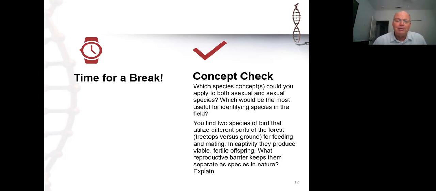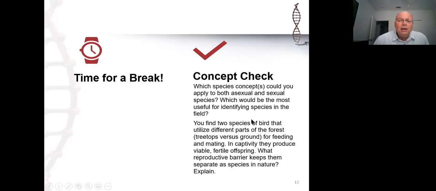They're utilizing different habitats for feeding and mating. Therefore, they would rarely, if ever, encounter each other, in which case it is very unlikely that they would interbreed under those circumstances. And that's how we could use the ecological definition in the field to try and identify populations that really represent separate species by looking at the habitats that they're utilizing.